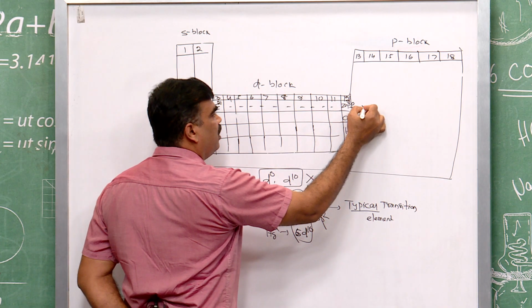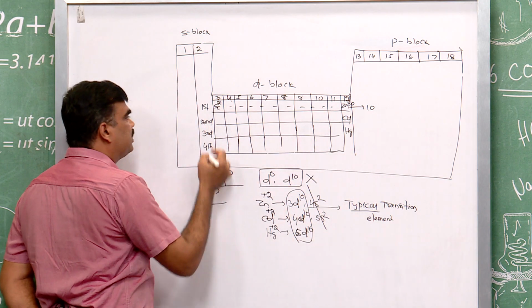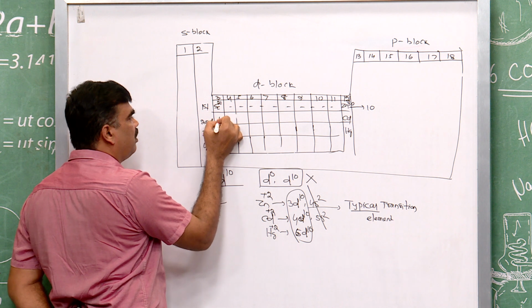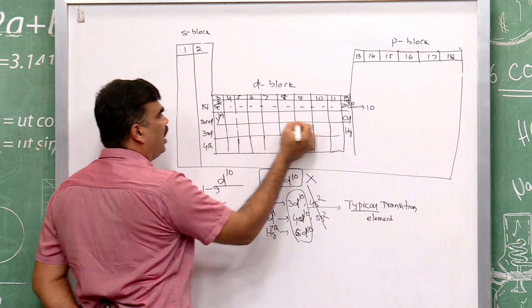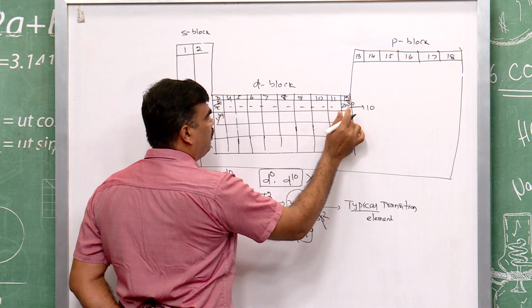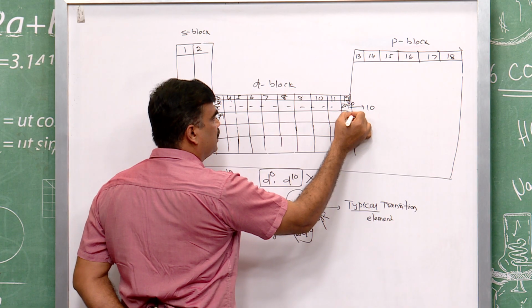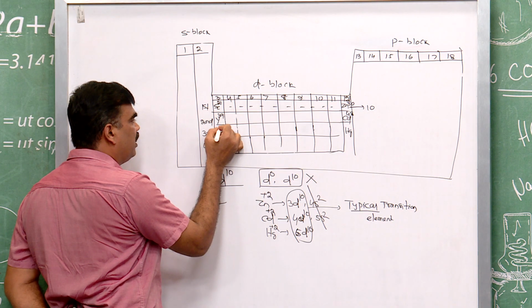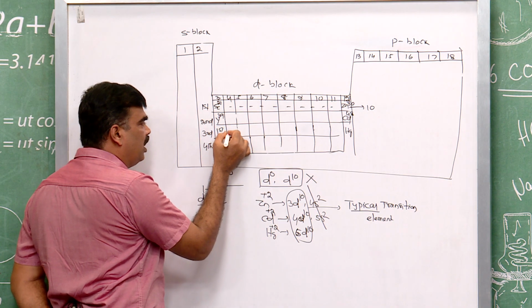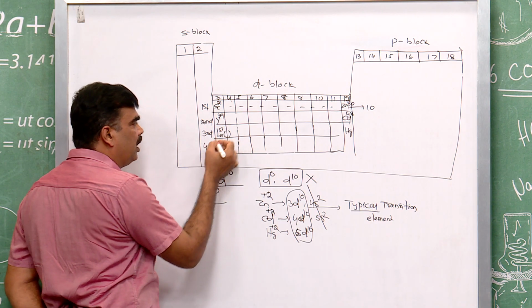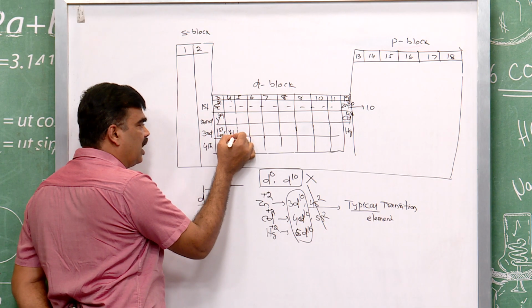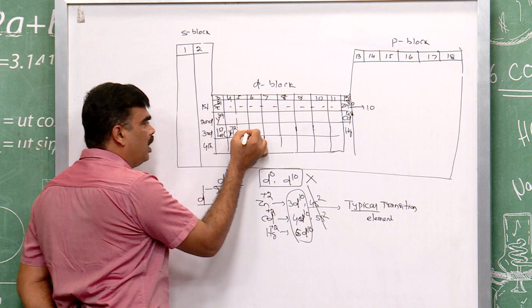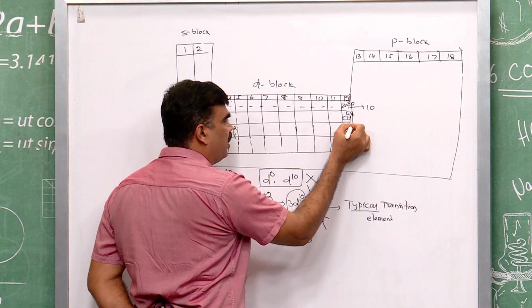It contains 10 elements. The second transition series starts from yttrium 39 and proceeds up to cadmium 48. The third starts from lanthanum 57, then come 14 elements called lanthanides in between, then you start with hafnium 72 and proceed up to mercury 80.